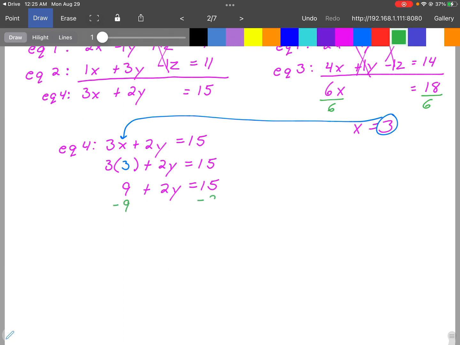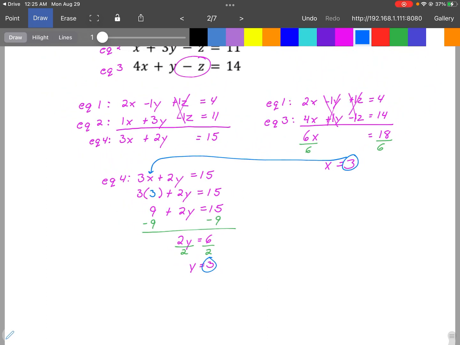So then I've got 9 plus 2y equals 15. And then I can solve. So I want to subtract the 9 first, which is going to give me 2y equals 6. And then I can divide by 2, and that gives me that y equals 3. All right, so I now have 2 variables already.